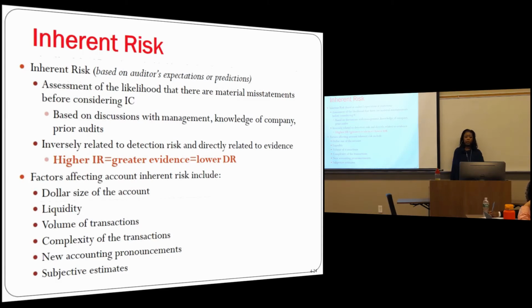So therefore, they're going to want to gather more evidence. How do you lower your risk? By gathering more evidence, right? Because evidence provides the auditor with information, and more information, or more of the right information, should reduce your risk. Make sense? So it's an inverse relationship.